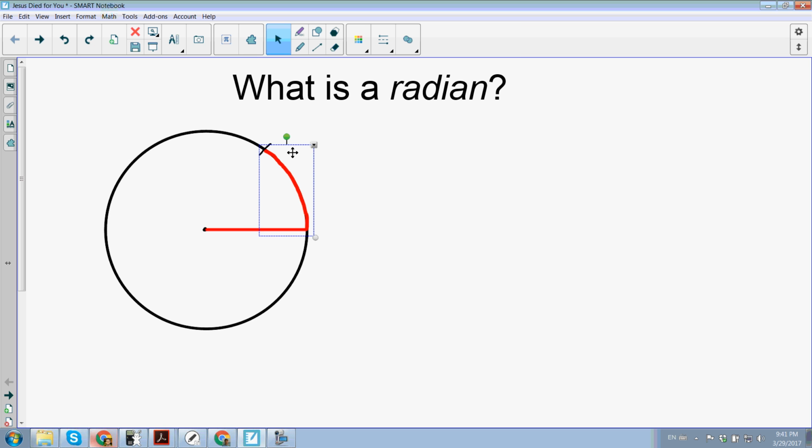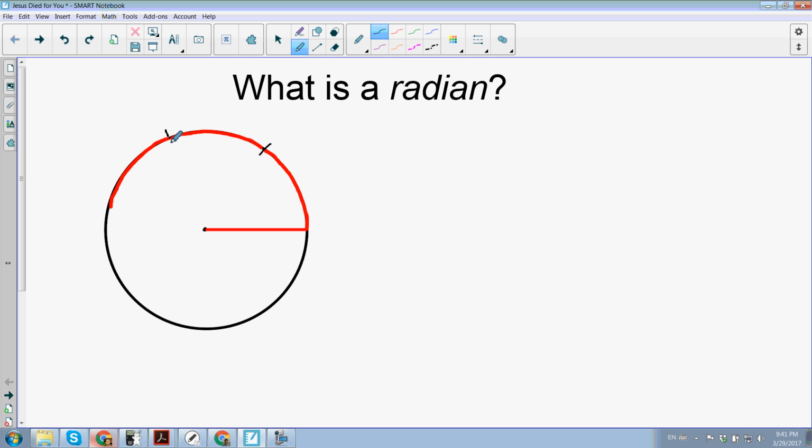Okay, and now I'm going to, that was convenient. Okay, so there's a second radius length right on the circle there, and then I'll take a third one and put it right here and mark between those two guys.